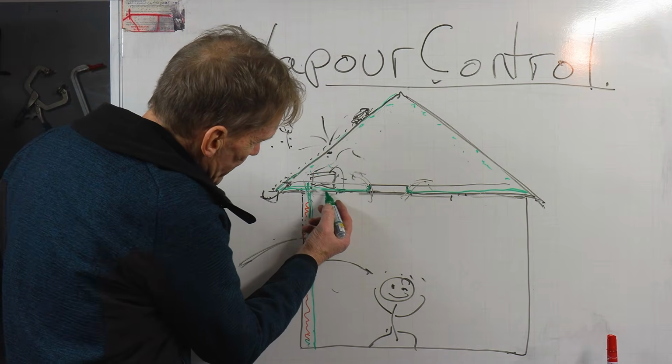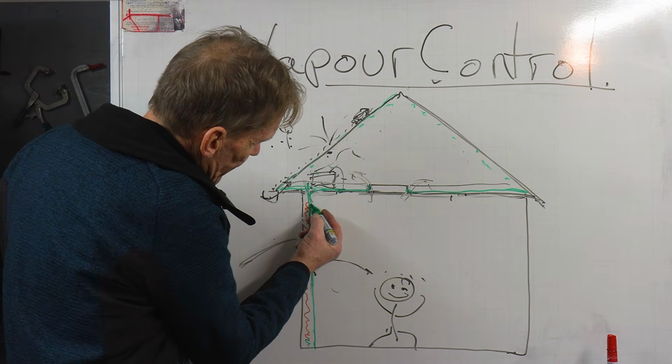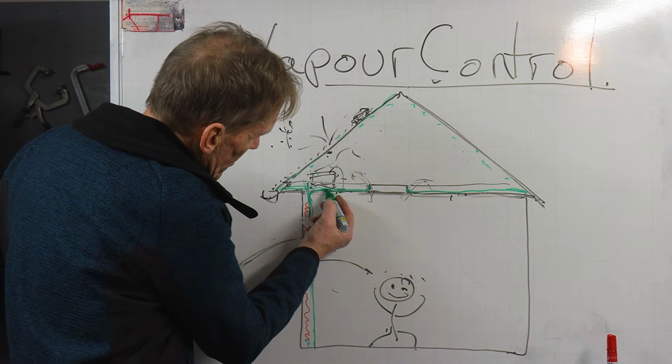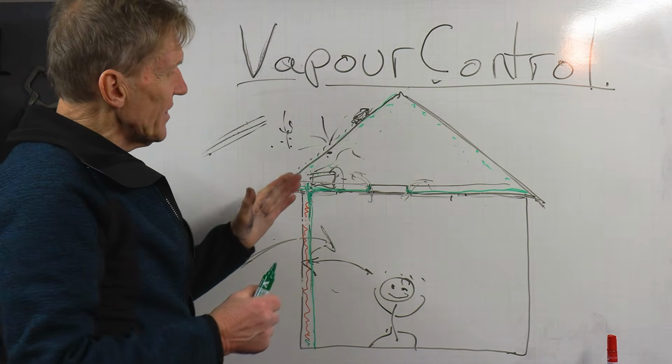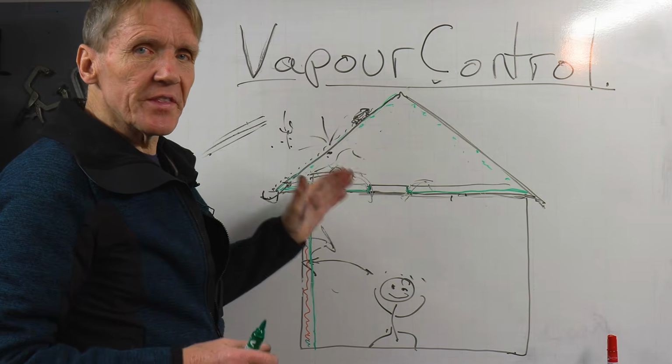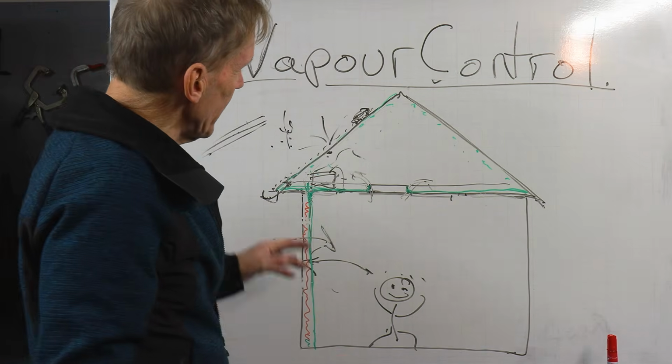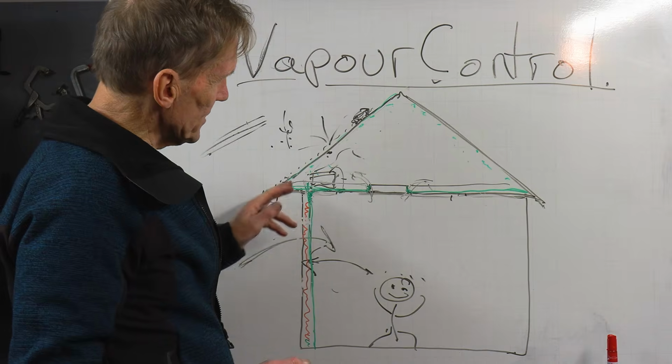It's also very important that we join that vapor barrier to the one in the ceiling. We don't leave any gaps. We do a very good job because the devil is in the detail. It's always in the detail. Moisture is going to escape. It's going to escape through all those little bits and pieces.